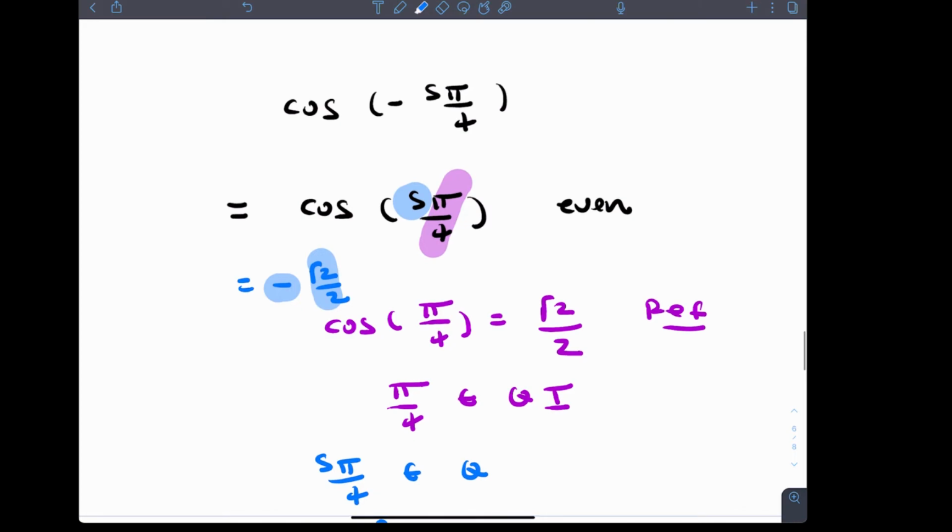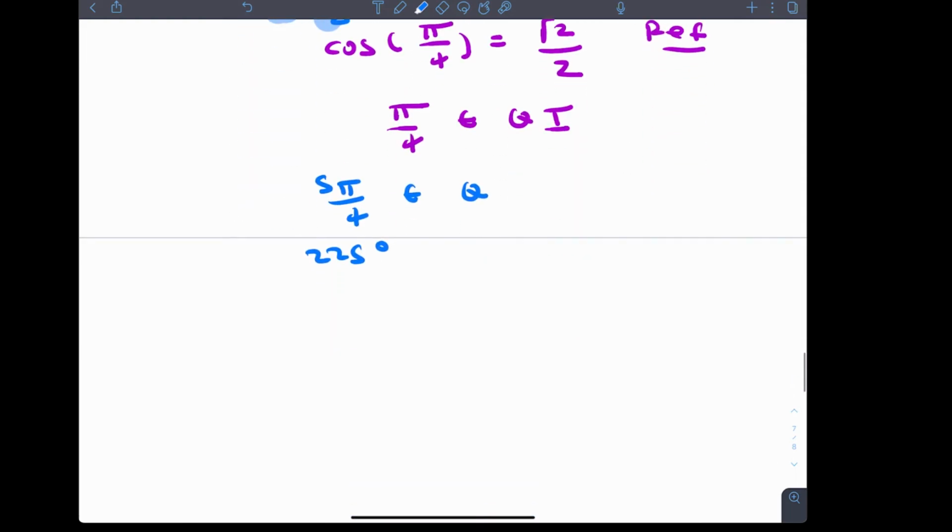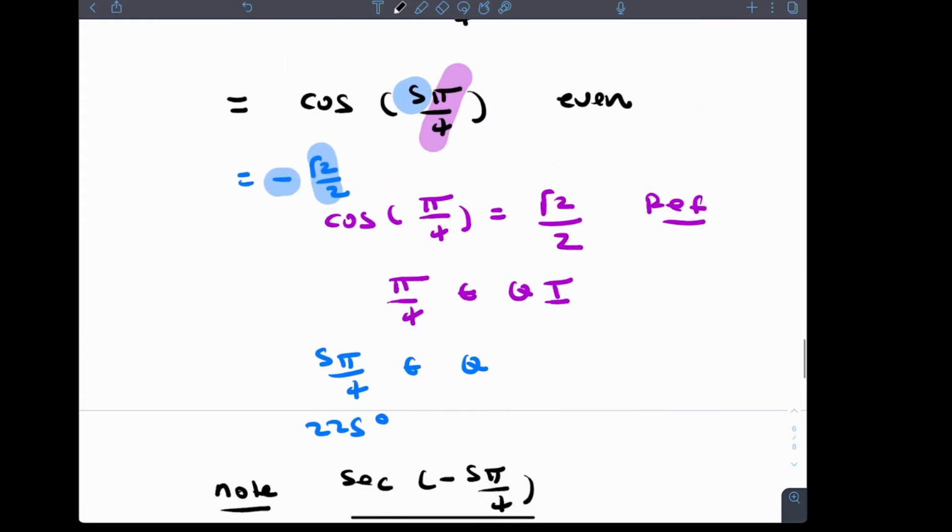And then they might even get very sneaky on you. I'm going to say note. What if they gave you secant of negative 5 pi over 4? And you have to deduce this all without a calculator.